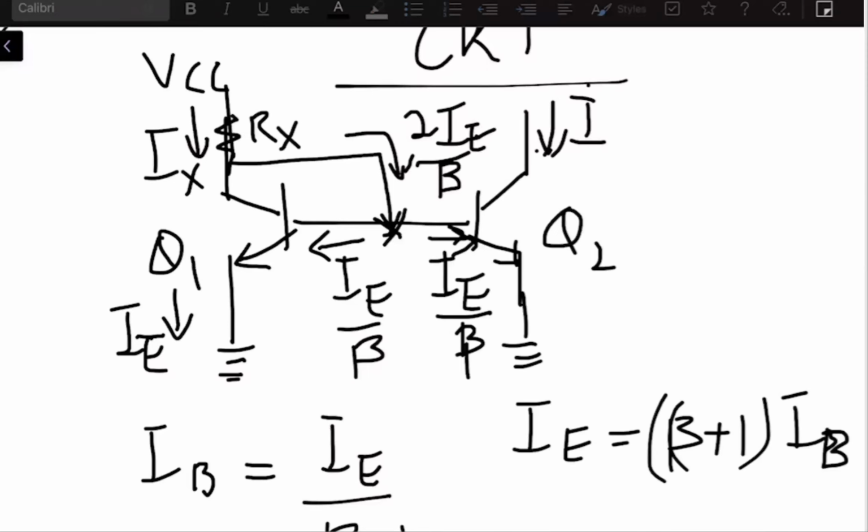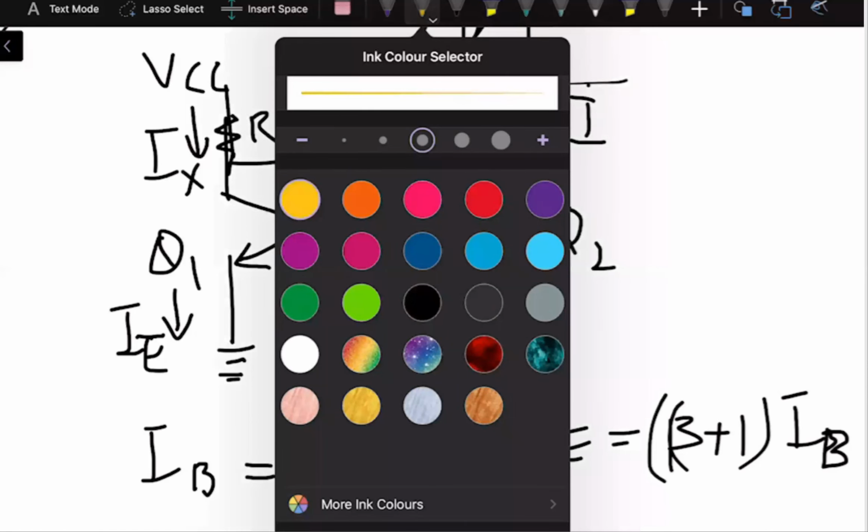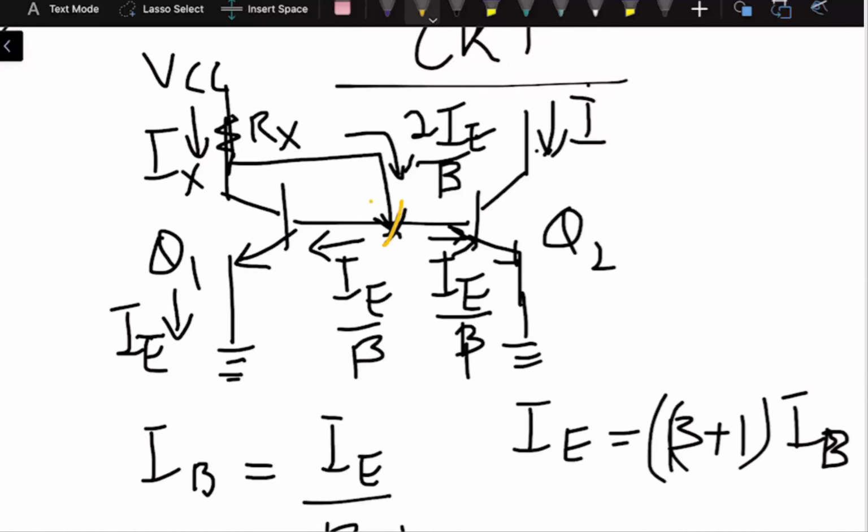And if we apply Kirchhoff current law at this junction point, one current is flowing in the base of Q1, one current in the base of Q2.